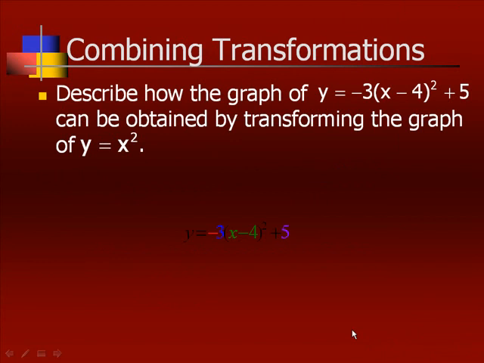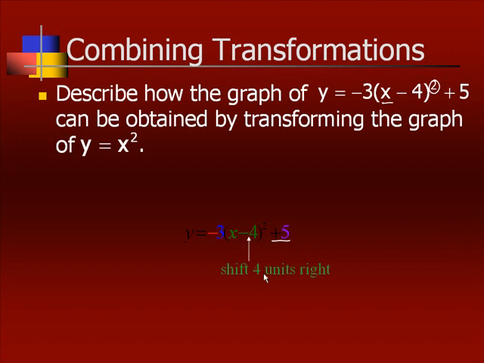Now, let's do a big one. Describe how the graph of y equals negative 3 times (x minus 4) squared plus 5 can be obtained by transforming the graph of y equals x squared. You see that little x squared sitting in here? So, the plus 5 is going to move our graph up 5.